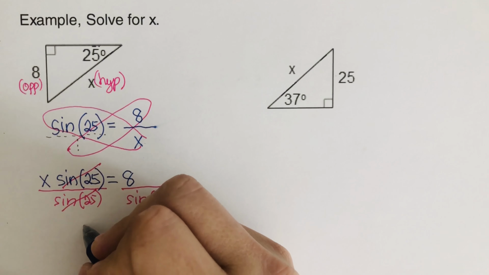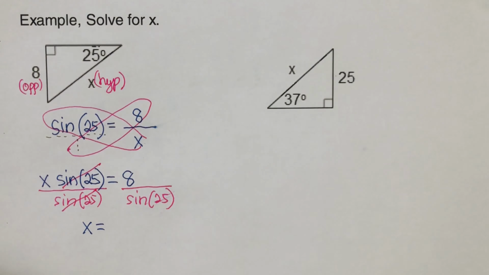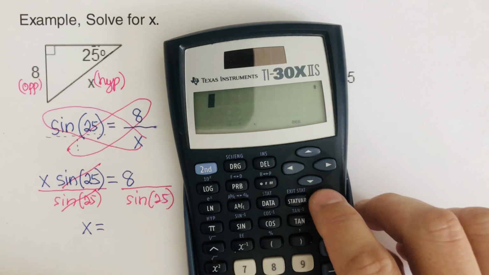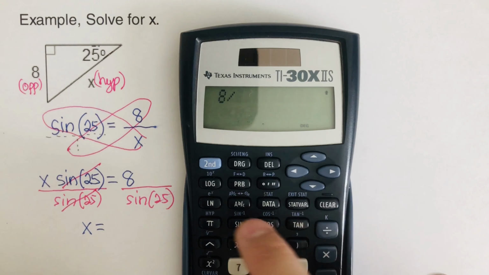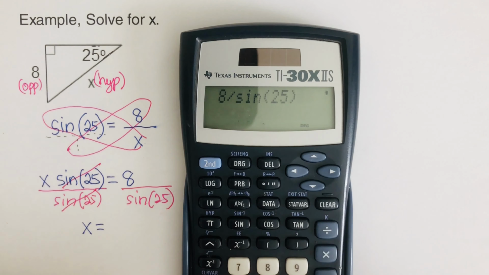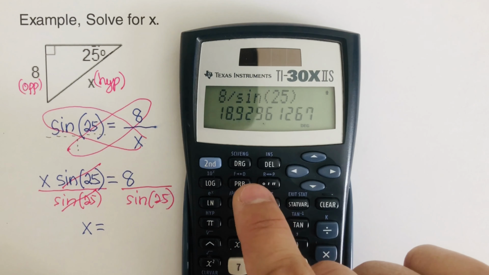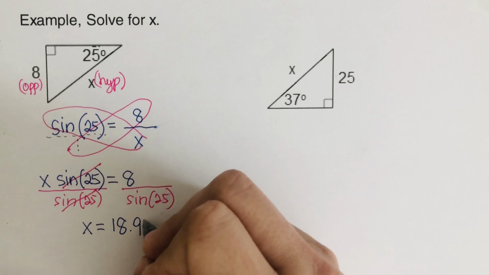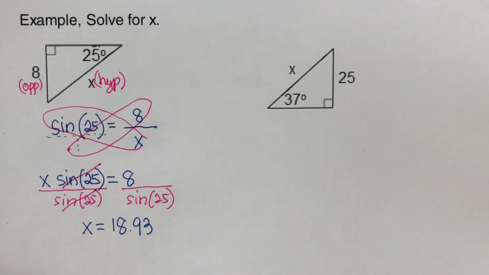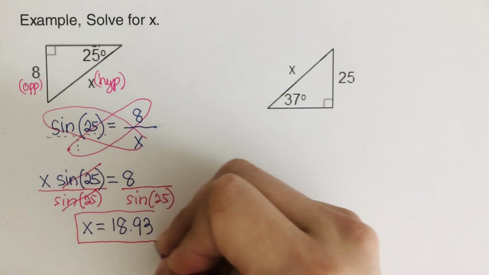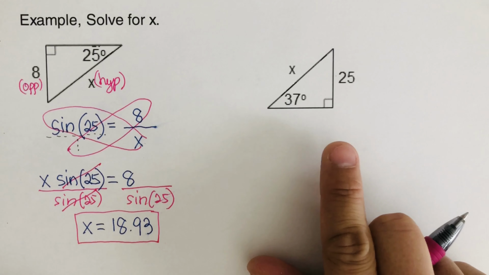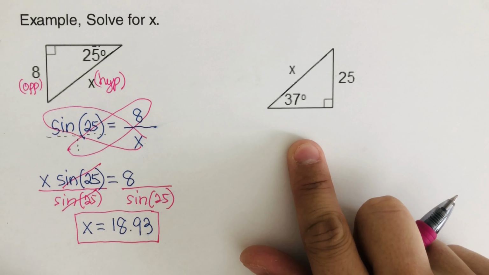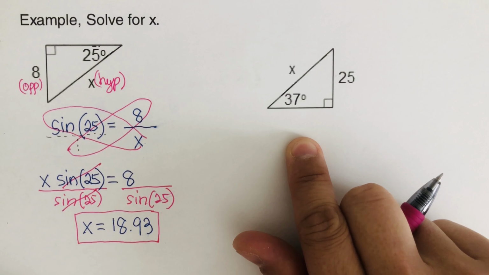Again, if we use the calculator on this, we have 8 divided by sine 25. And the answer is 18.93, if we round it off. So that is the length of the hypotenuse. At this time, I would encourage you to pause this video and try this problem out on your own. Solve for x, and when you're done, unpause it and check your answer.